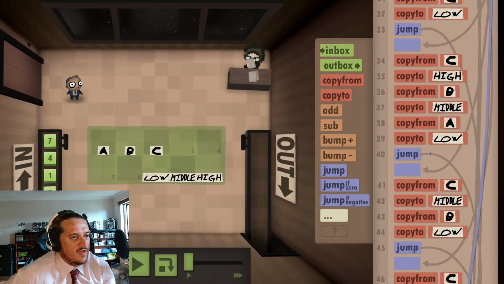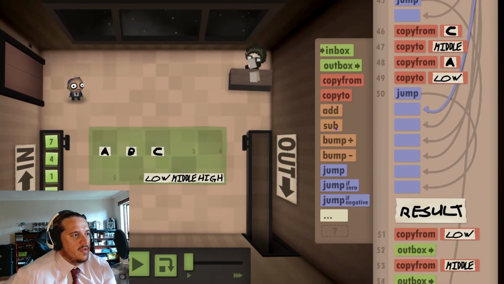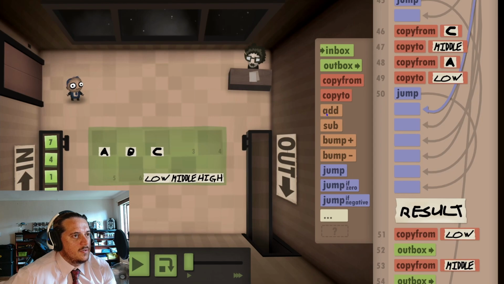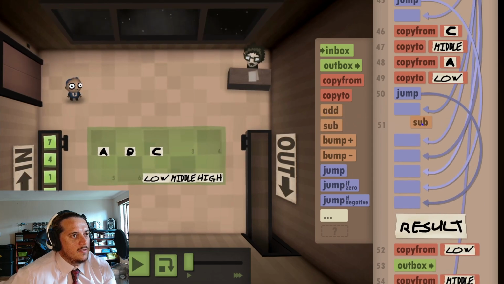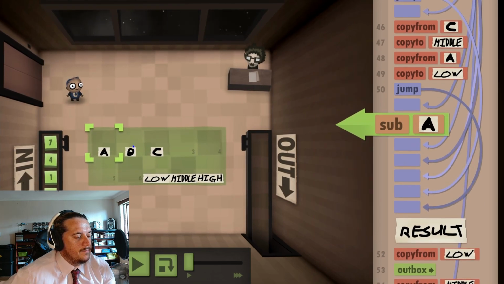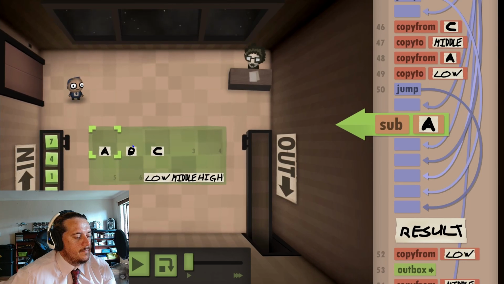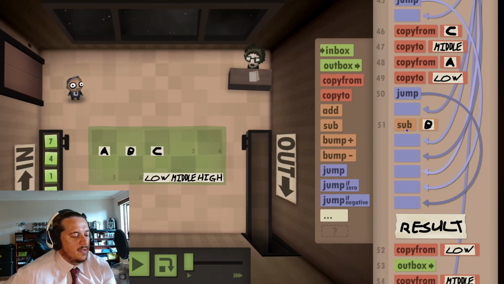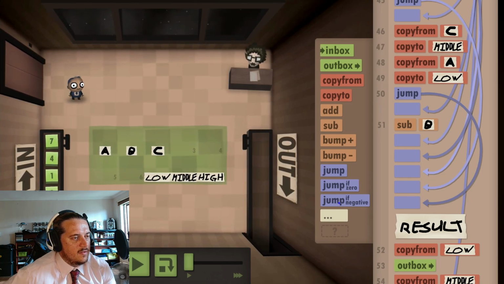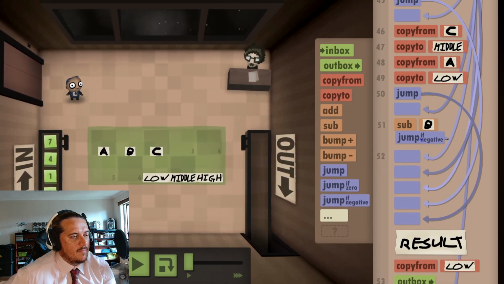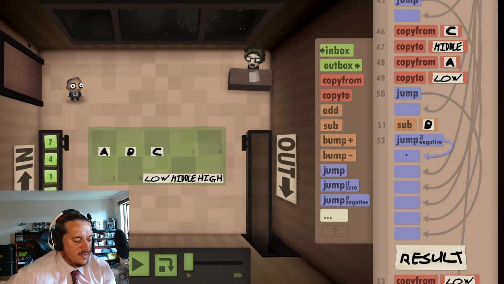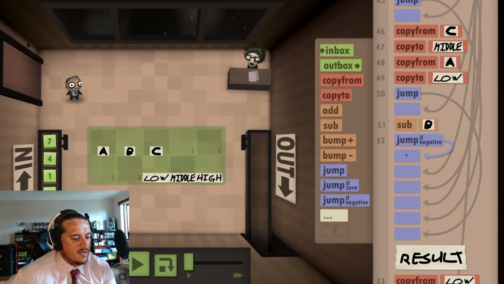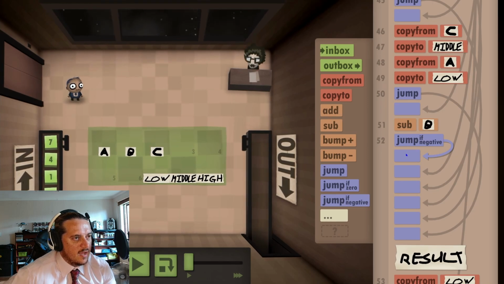So I'm going to grab A. If A is negative, then I'm going to subtract B, and if that stays negative, then it means that B is higher than A, right?